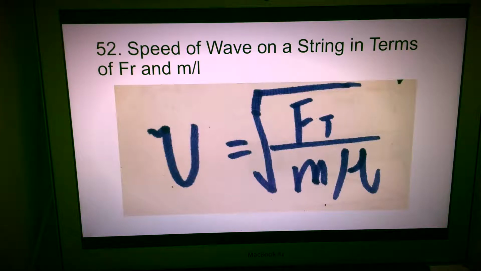Speed of wave on a string in terms of F_T and m divided by L. The formula is v equals the square root of F_T over (m over L). L is the length of the string, F_T is the tension force, and m is the mass.